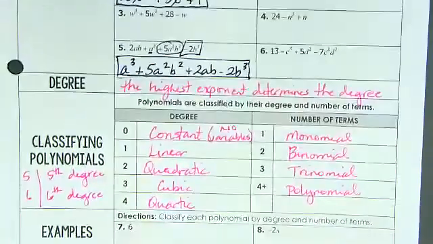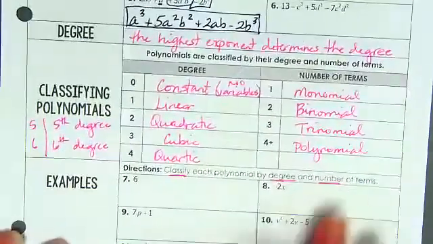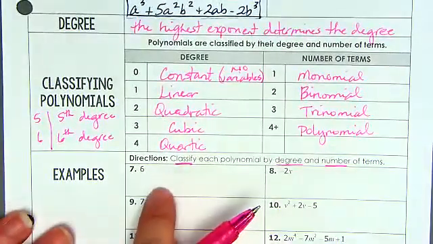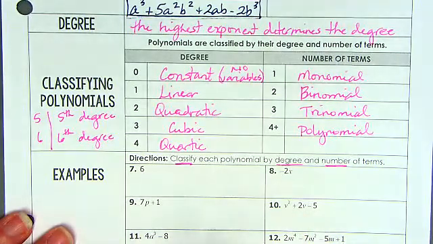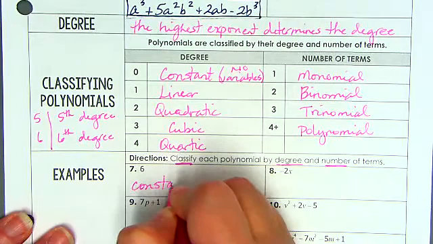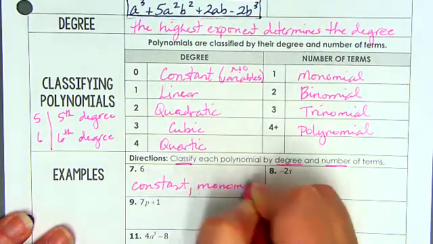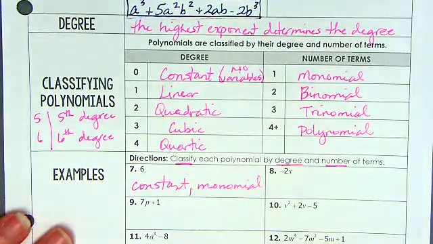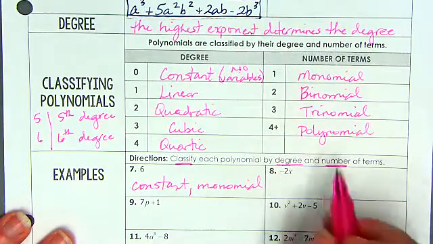Okay, so if we're looking at classifying, my directions here are to classify by its degree and the number of terms. So looking at number 7, that's 6. There's no variable. It's 1 term. This is called a constant monomial. Number 8, that's 1 term, so it's a monomial.